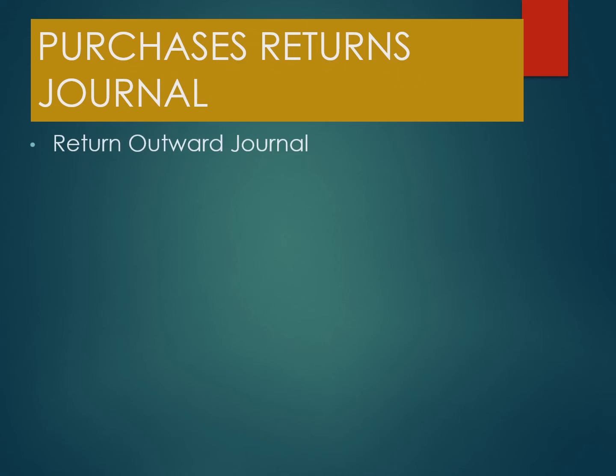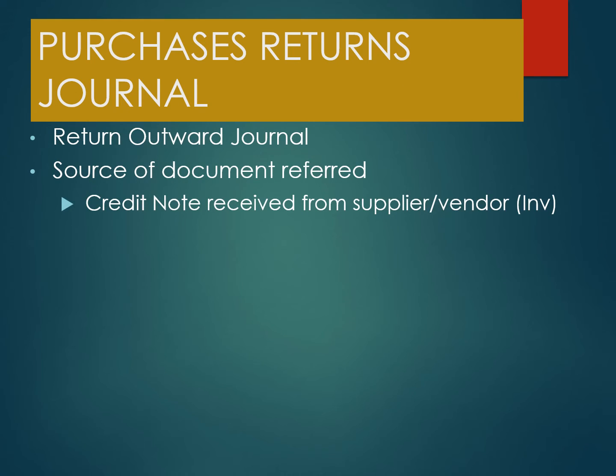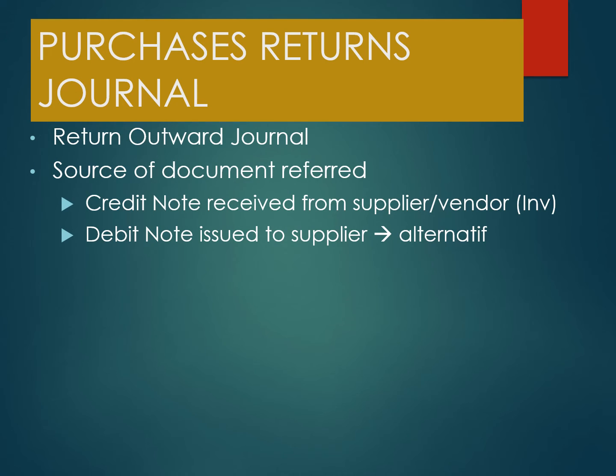For the purchases return journal, or we call it return outward journal, again, you will use the credit note received from the supplier if you are able to have that credit note. And sometimes it takes quite some time for you to wait for the supplier to send out your credit note.